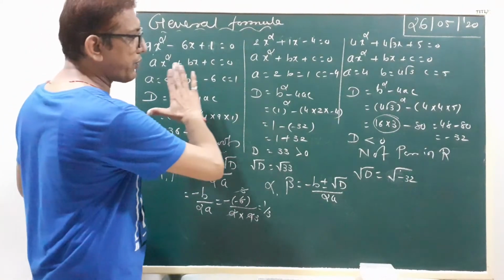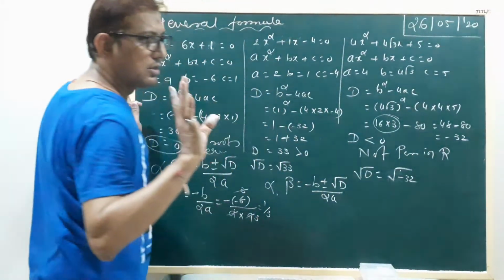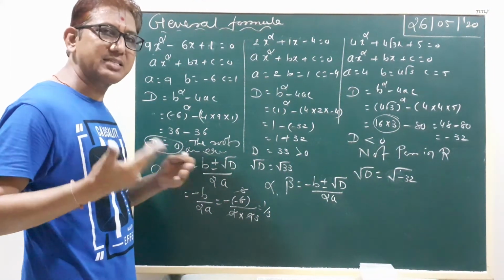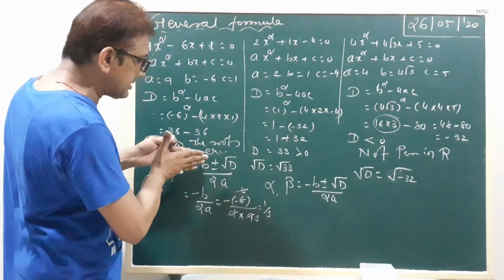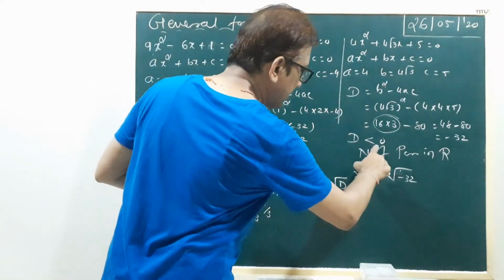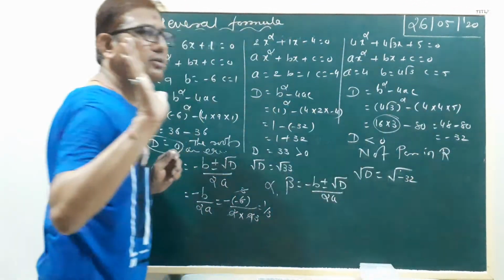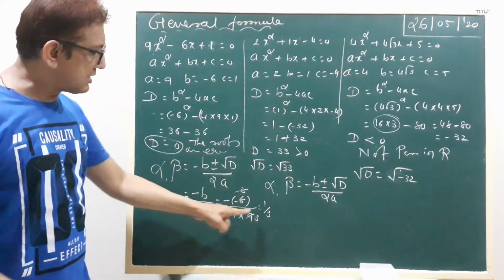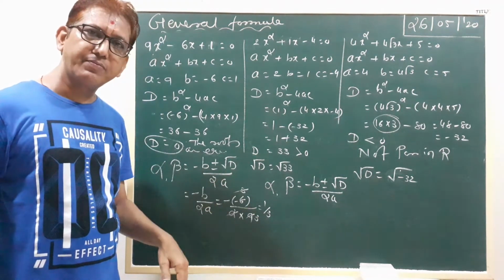We always find the answer in R, because our biggest set is R. So the answer is rational or irrational, both are possible. But if the discriminant is less than 0, then it is not possible in R. Clear? Here our answer is a rational number, 1 by 3 is a rational number.